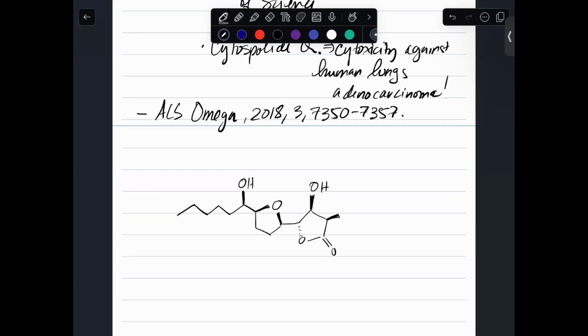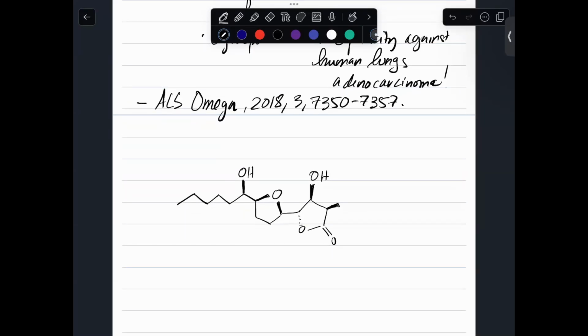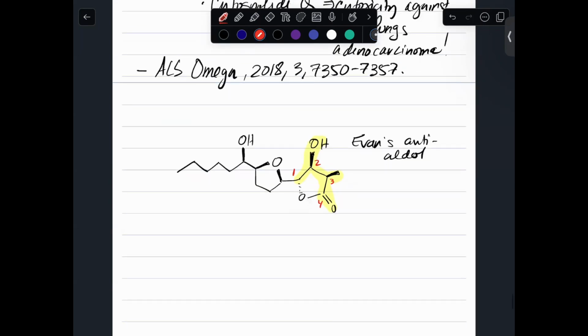And again, it's a really quick highlight. They specifically focused on this part of the molecule and use Evans anti-aldol chemistry. So just like I always do, let me number my carbons so I can introduce this. And their target structure is as follows.